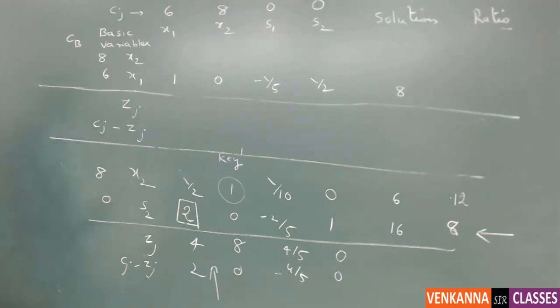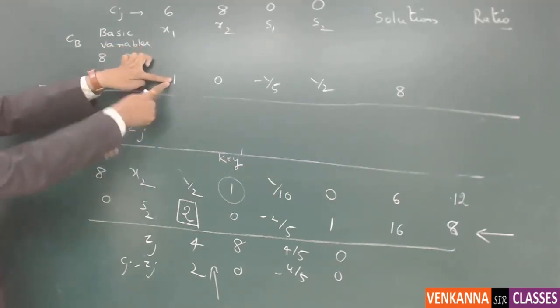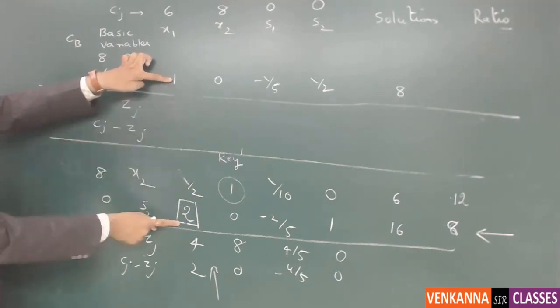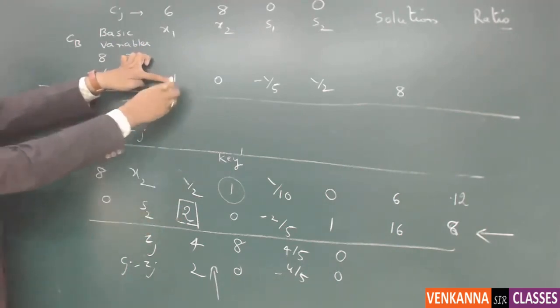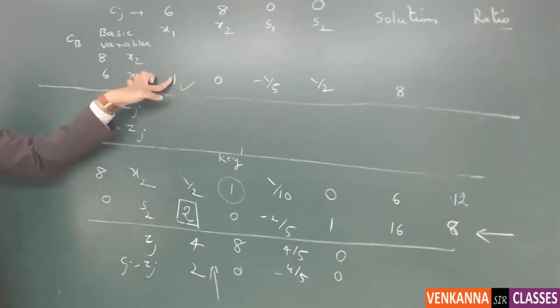Fine. Now I am going to get this modified row. Now see, this is the thing I got. So this thing is replaced like this. So based on this element, I am going to make it 0. How do I have to perform the operation?